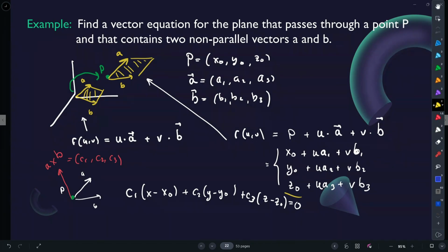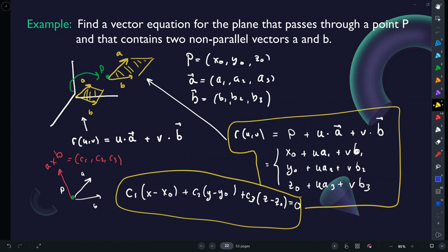So either this one or this one are two ways to compute the equation of a plane with two given directions and a point. If you want a parameterization, then this is a parameterization. This is the equation of the actual plane. There's no parameterization happening here as it is.